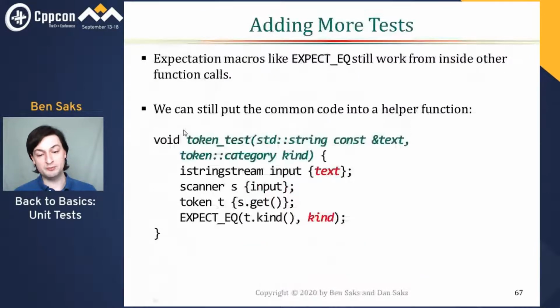So we can put that code into a helper function and do something very similar to the token test function that we wrote earlier, that lets us generalize this test to just take in a certain text as input, build the scanner, read the token. We expect it to be some particular category of token.